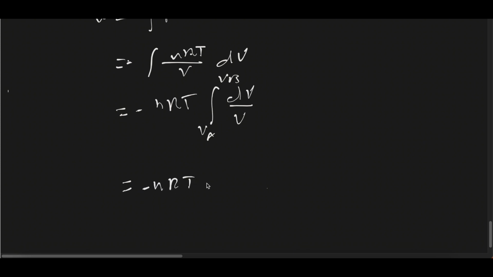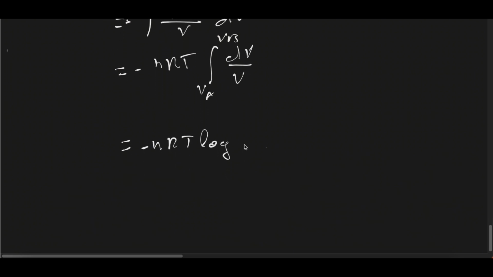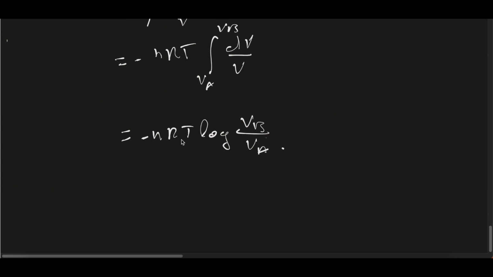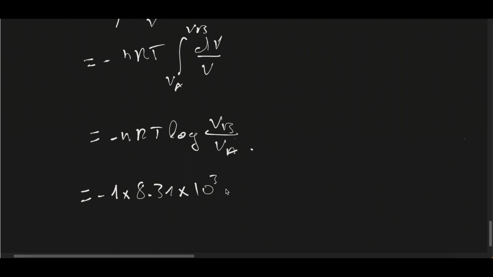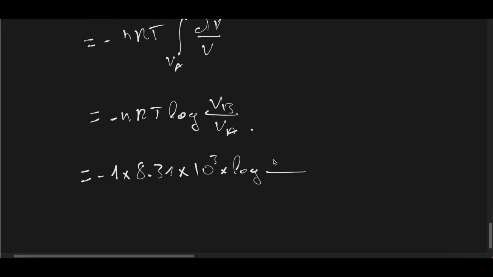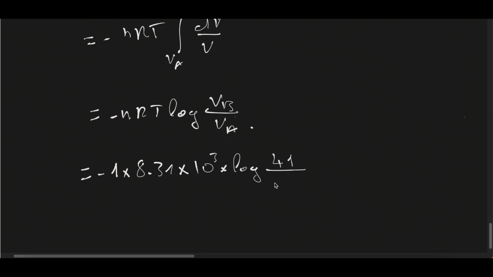Natural logarithm of the volume in state B over the volume in the initial state. Now we just replace each variable by its value, which is equal to 1 times, but in this case we will use the R in joules, times temperature, which is equal to 1000 Kelvin, times the logarithm of the final volume in state B, which is 41 liters, over 164 liters.